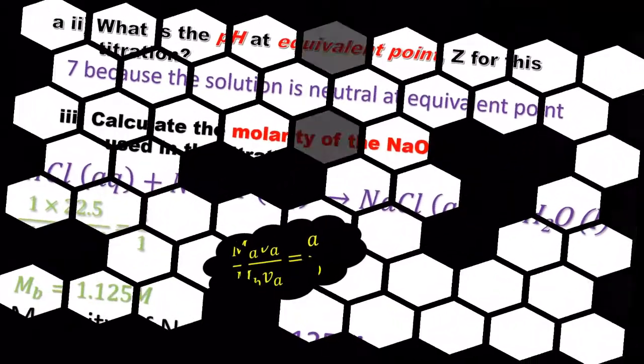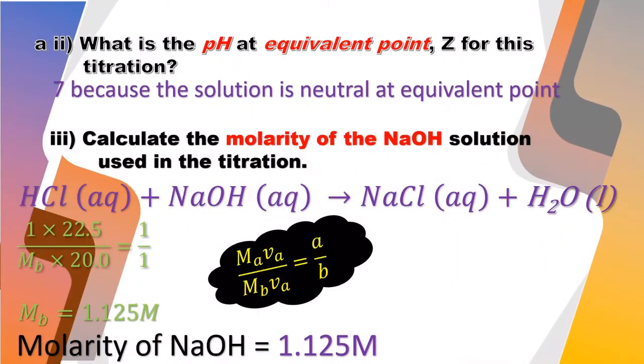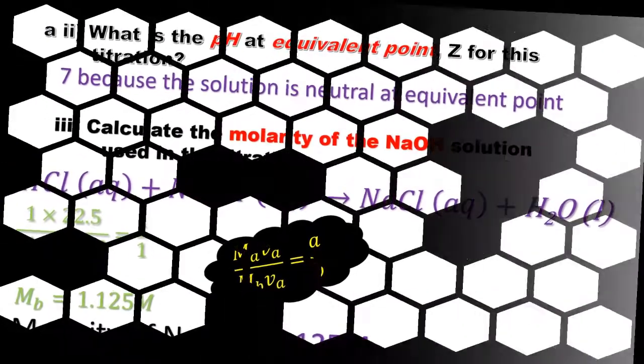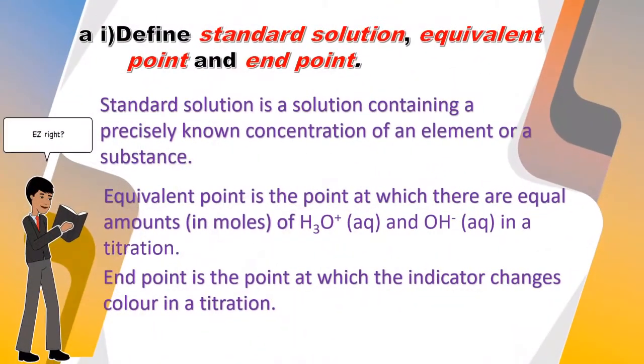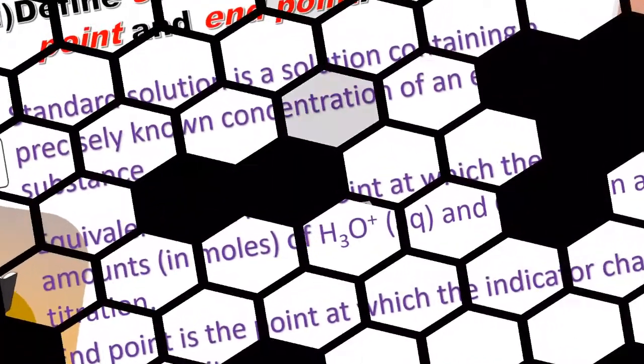So the next question, A2, asks what is the pH at equivalent point Z for this titration. Based on the previous question, we know that equivalent point is the point at which there are equal amounts of moles, which means it is neutral.